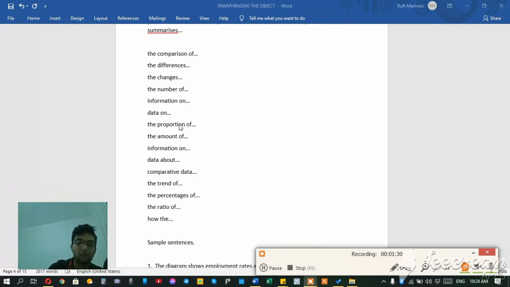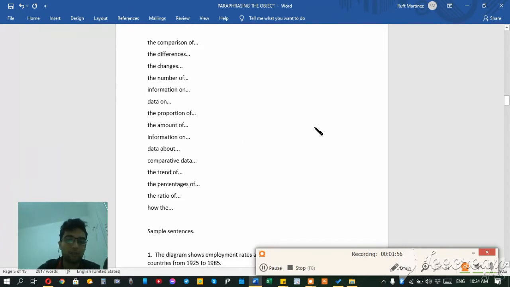If it's not shown in the question card, just look at the picture and find out: it is either data, a number, a change, differences, or a comparison. As I said before, we'll talk about all of this in the next class. I'll show you in pictures what the comparison and differences are, and how we can define that there are differences, a change, or a trend. I'll tell you all this in the next class.